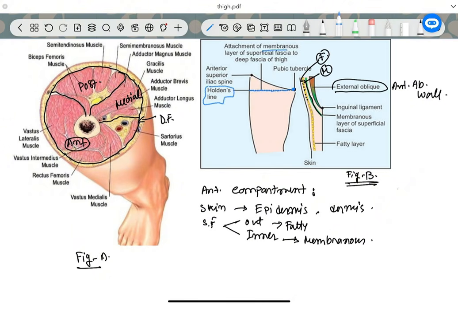Here the membranous layer of the superficial fascia continues with the deep fascia of the thigh. This is important information we have to remember: the membranous layer will be continuous below up to this Holden's line. After that it will be fused with the deep fascia of the thigh. And what is the name of the deep fascia? The name of the deep fascia is fascia lata.